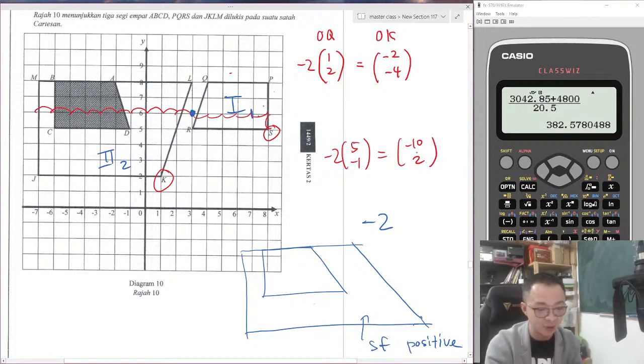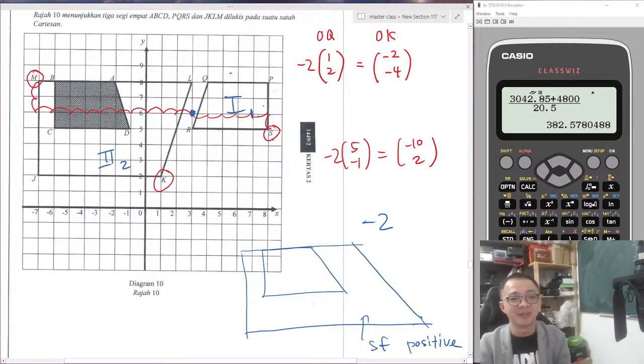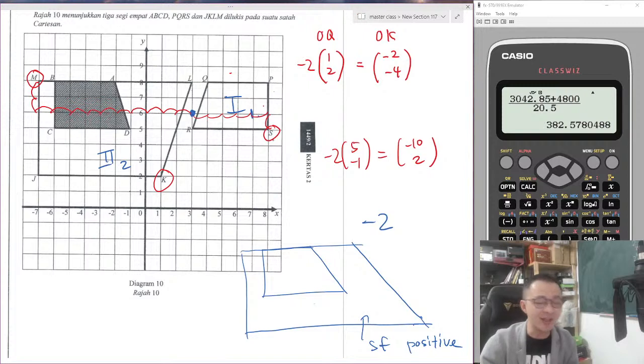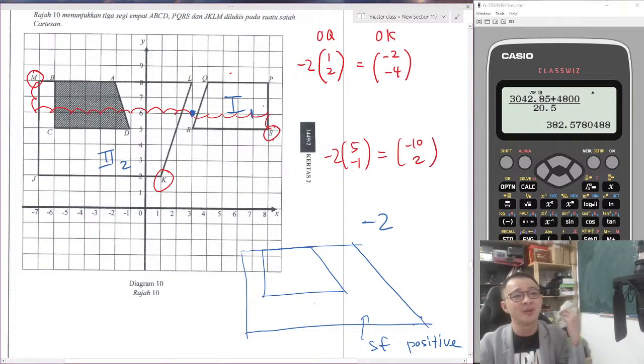And then 2 means I'm moving up 2 units. 1, 2. So M will be the image of S here. Okay, this is what happens when the skew factor is -2. In this case, I will just say enlargement with the skew factor -2 at the center of 3, 6. So this is how we do the skew factor when it is negative.